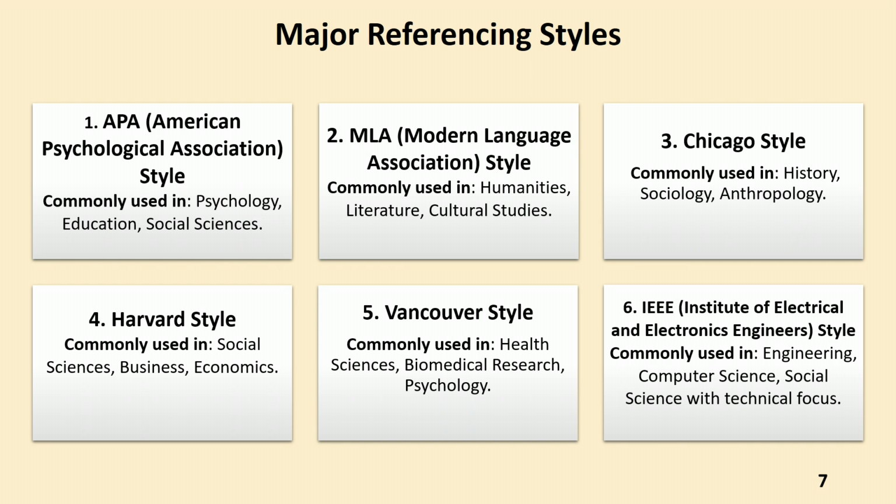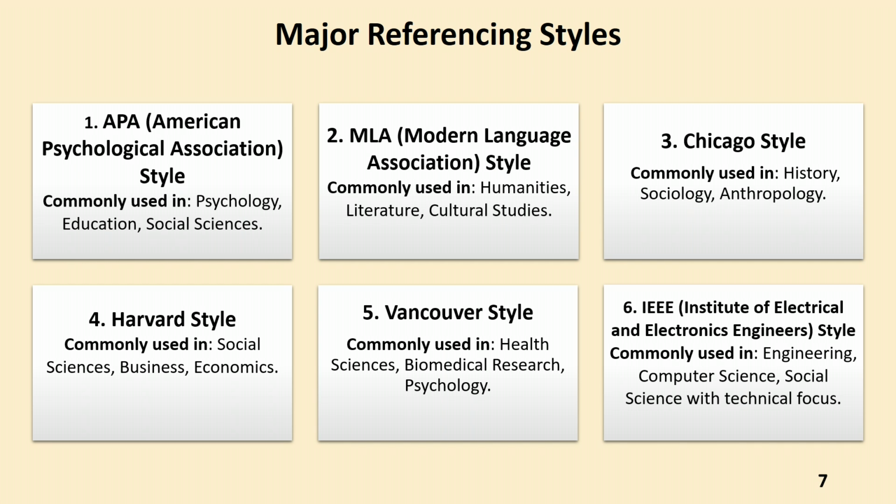MLA, Modern Language Association style, is commonly used in humanities, literature and cultural studies. Third is Chicago style, commonly used in history, sociology and anthropology. Fourth is Harvard style, commonly used in social science, business and economics.